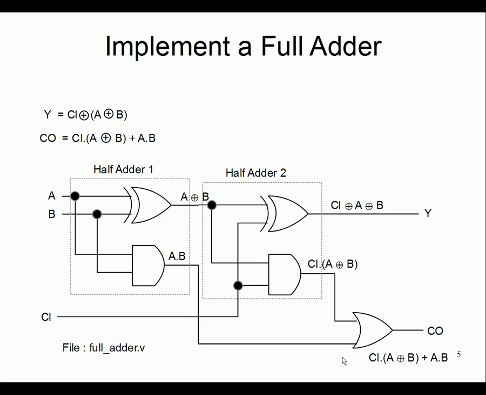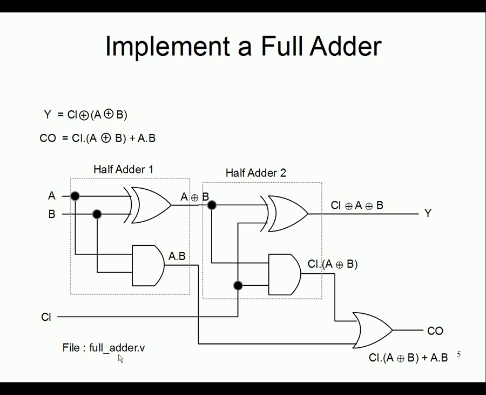We need to add another OR gate, and then connect the output of the first half adder to port A of the next half adder, and CI will be at port B of the second half adder. The output of half adder 2 will be my final output, and then the carry out needs to be ORed with the carry out from the previous stage, half adder 1, and this makes the ultimate final carry out.